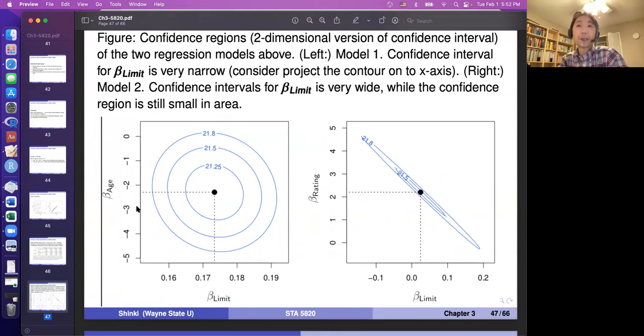In the first regression, age and limit have low correlation, almost independent. In such a case, this is the contour plot of the combination of beta hat age and beta hat limit. So basically, beta hat age and beta hat limit are not correlated with each other.